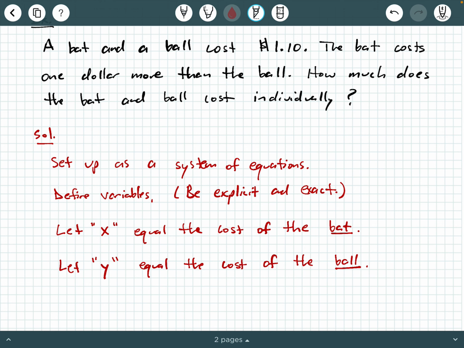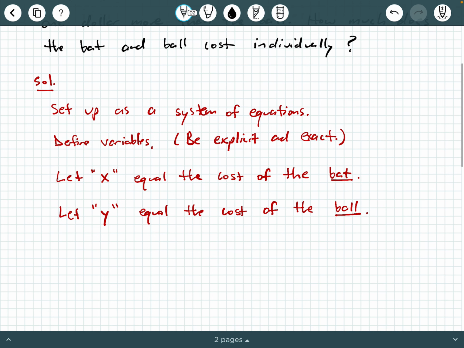All right. Now, we look back at our original three sentences and we ask ourselves, how are these sentences and this information related to one another, right? So the first sentence says a bat and a ball cost $1.10. So what do we do? Well, we can say the cost of these things together equals $1.10.